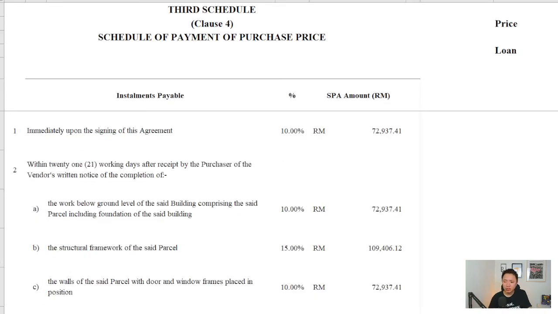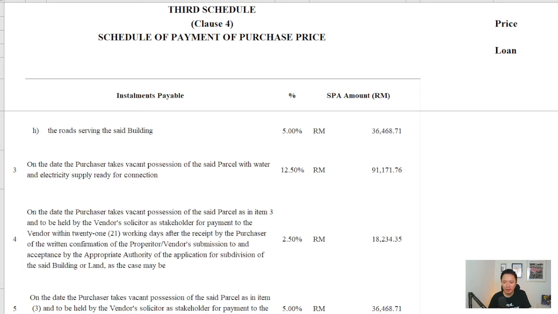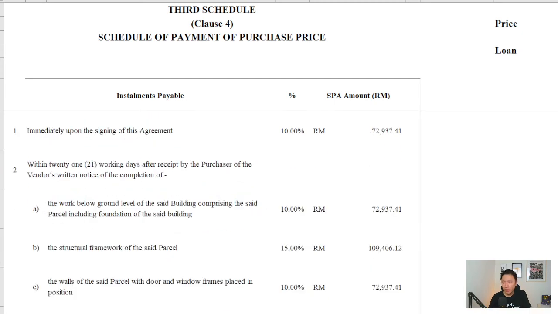Now this is when you're buying cash. If you're buying cash, then these are the figures that you need to pay progressively to the developer. Now what if you are buying with a loan, right? But before we get into the loan, we have to look into the rebates. This is the part right here.